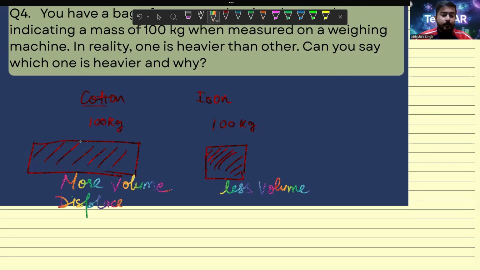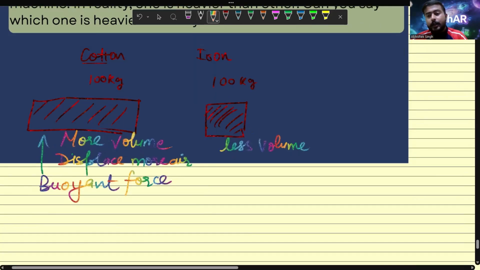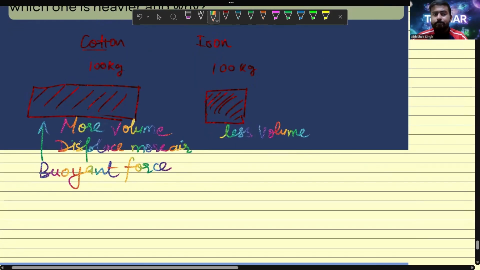We already learned from the Archimedes principle that the more the volume of the object, the more volume of fluid will be displaced. And if more air is displaced, more buoyant force would be acting on the cotton bag.